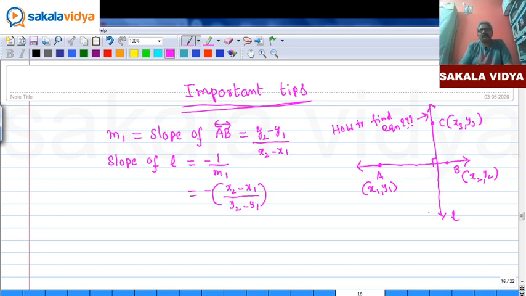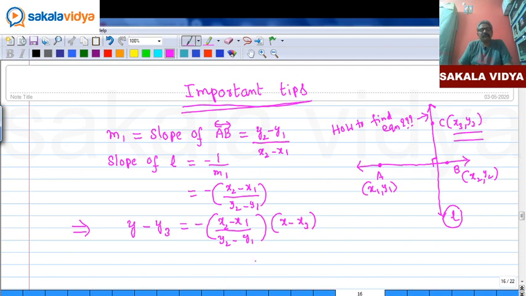Now, we know the slope of this line, and it passes through x3 comma y3. So using point-slope form, y minus y3 equals minus of x2 minus x1 by y2 minus y1, into x minus x3. Cross multiply it.